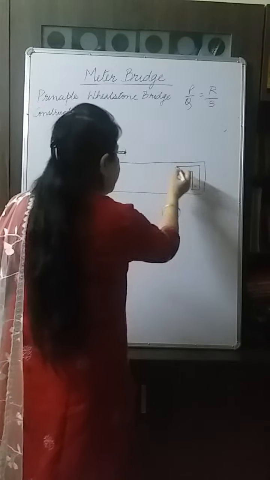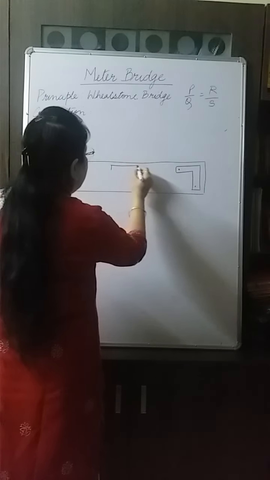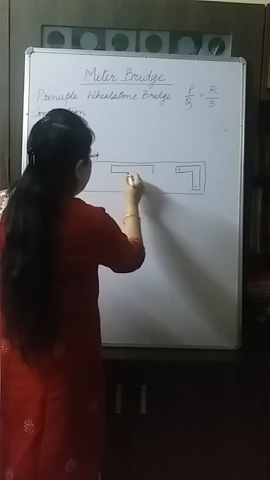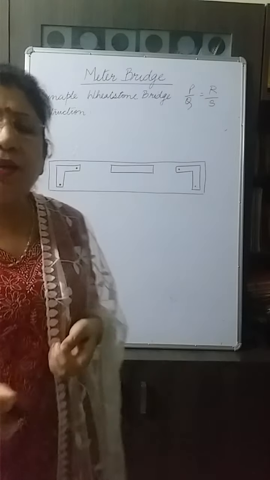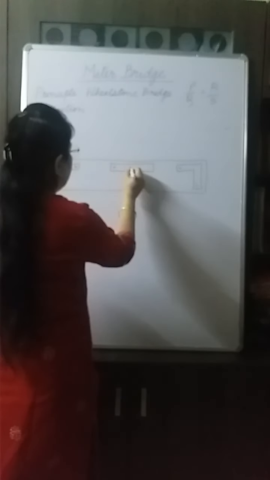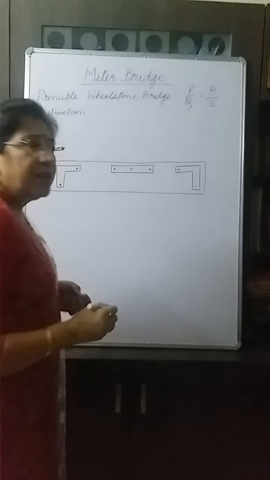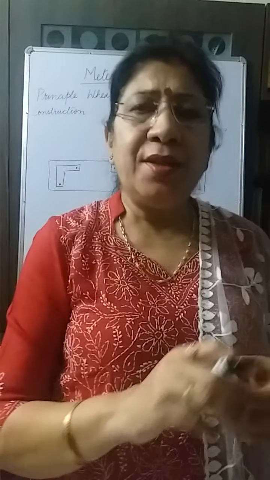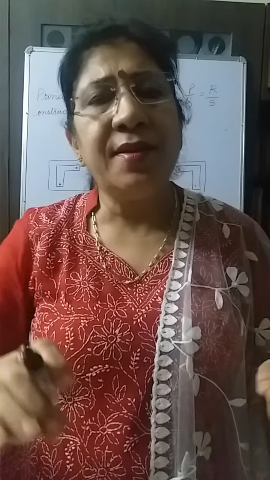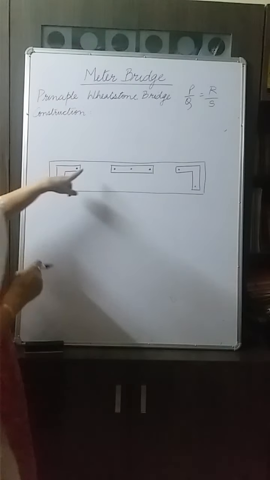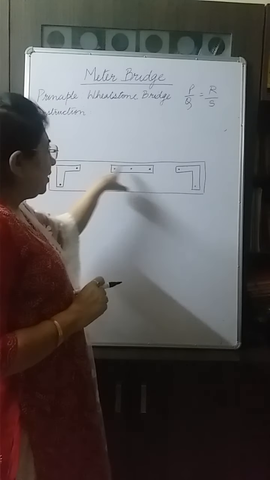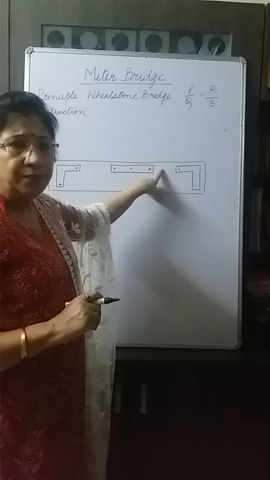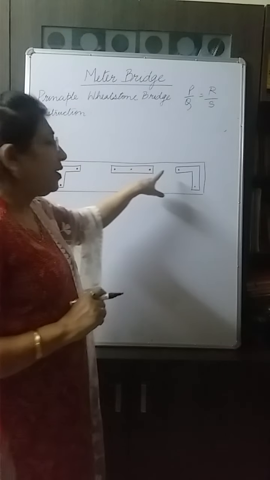Between the two strips there is another flat copper strip, a straight strip, having three terminals. These three terminals mean that the point is the same. They are not three different points, they are the same point. Here a gap is there and another gap is left here. This is the left hand side gap and the right hand side gap.